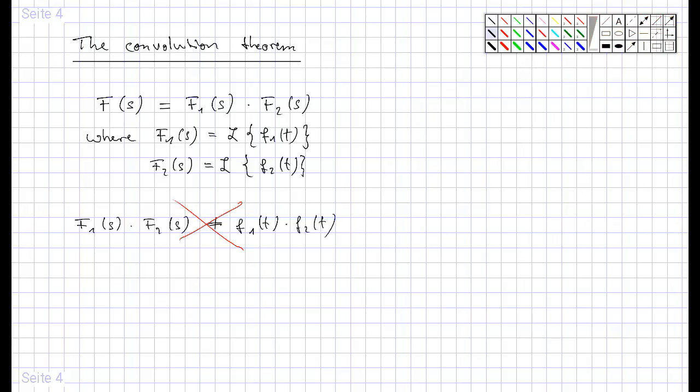So first of all, we have to define the term convolution of two functions.